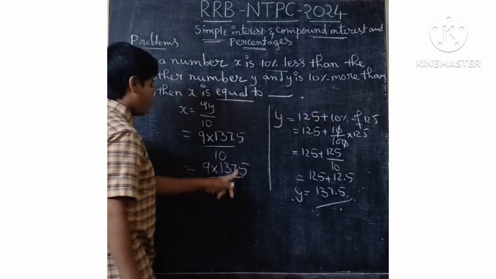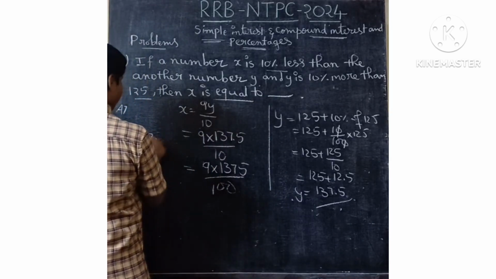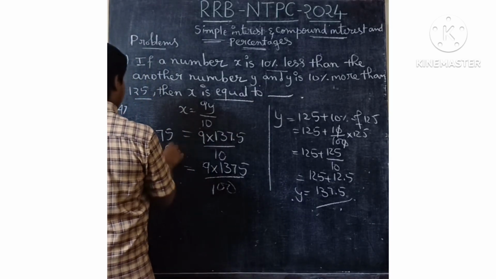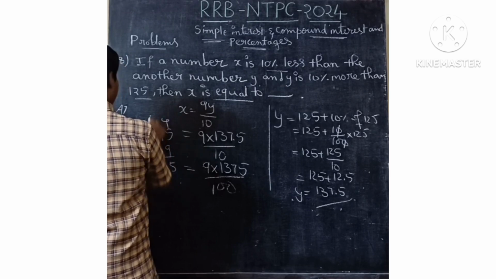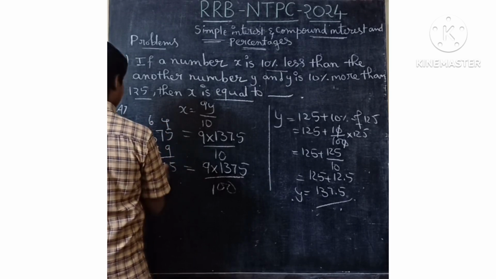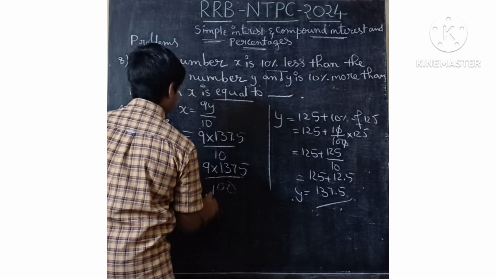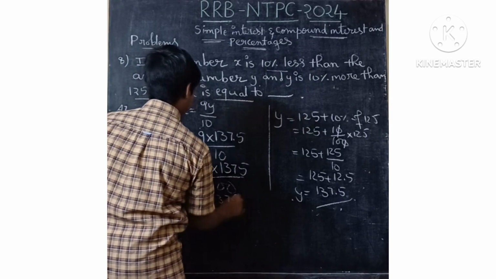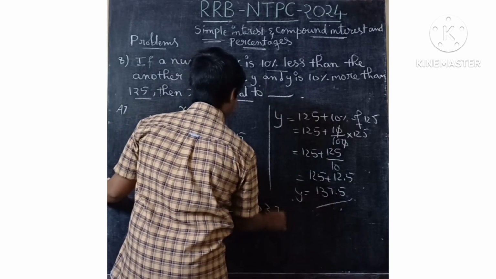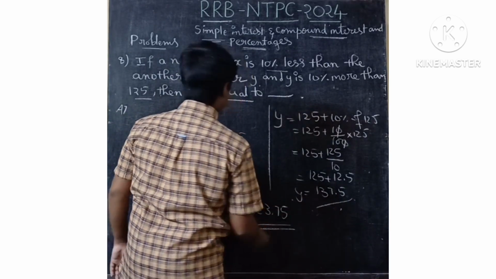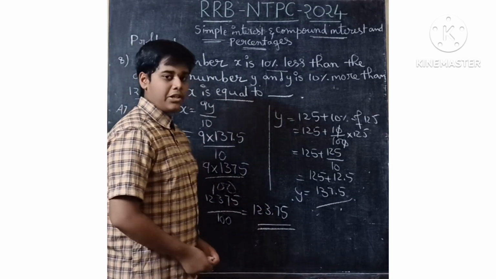For removing the decimal point, I am keeping it multiplied by 10. So 1375 into 9 means 5, 4, 7, 6, 3, 1. So the value of the numerator is 12375 by 100, which is equal to 123.75. So this is the x value. And this is today's topic.